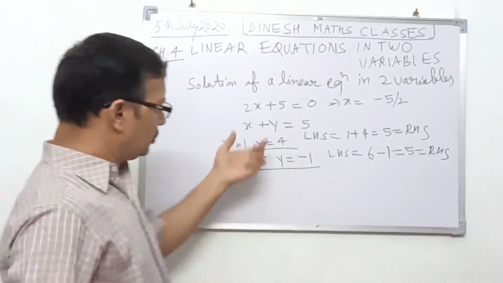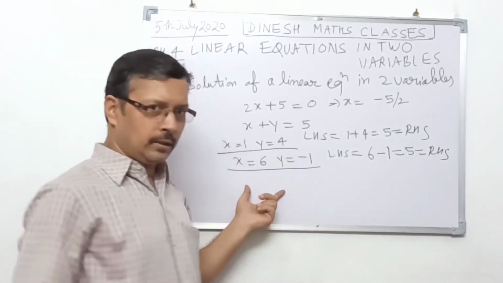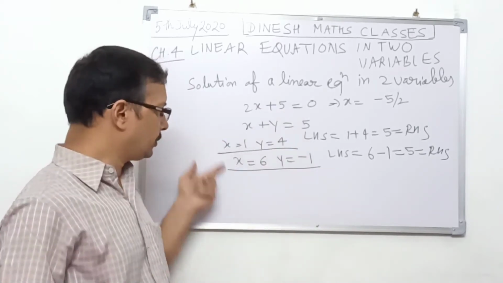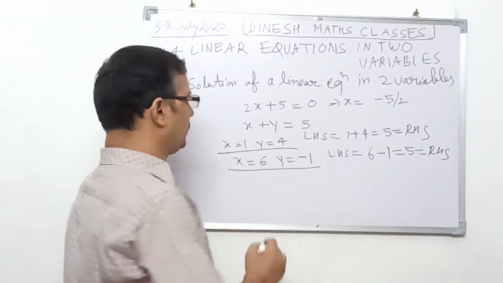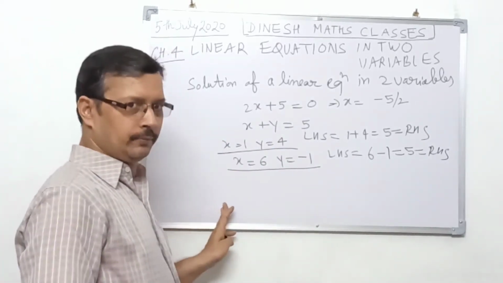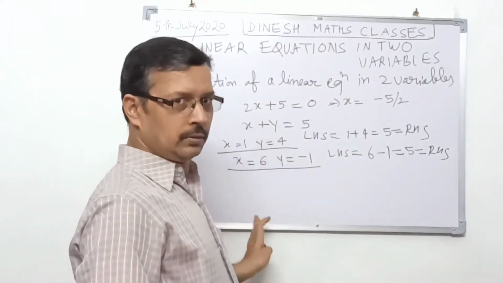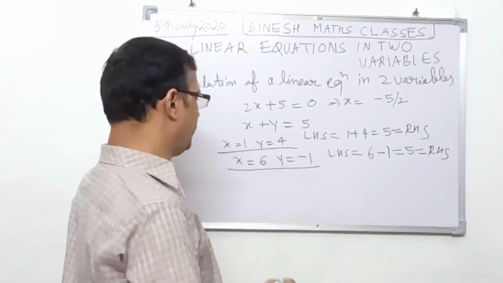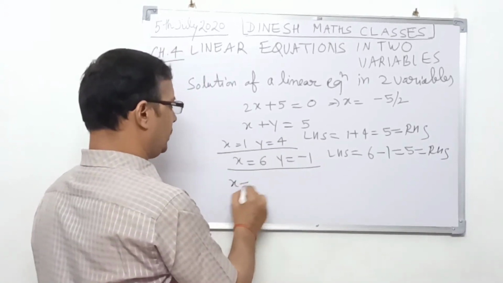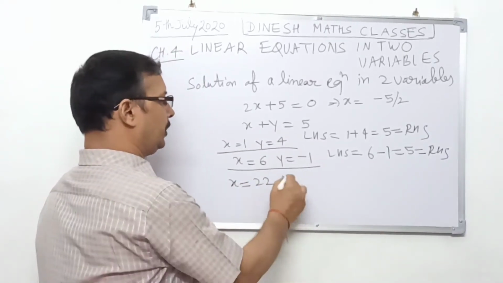Now can you think how many solutions of this type can be obtained? You can have many solutions, even an unlimited number of solutions for this. For example, another may be x equal to 22, then what should be y?